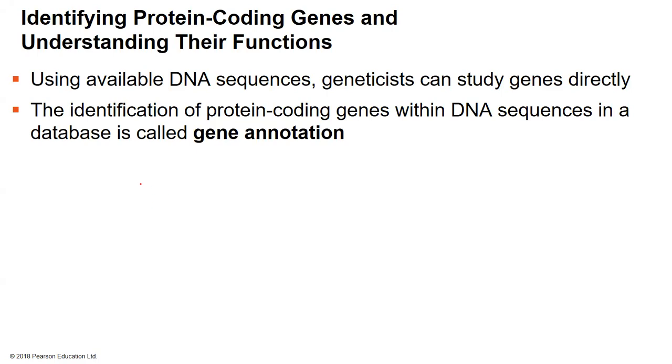So, for example, you have a gene sequence and you want to know the gene function, or have some information about the gene function, okay? So what you will do is take this sequence and compare it.